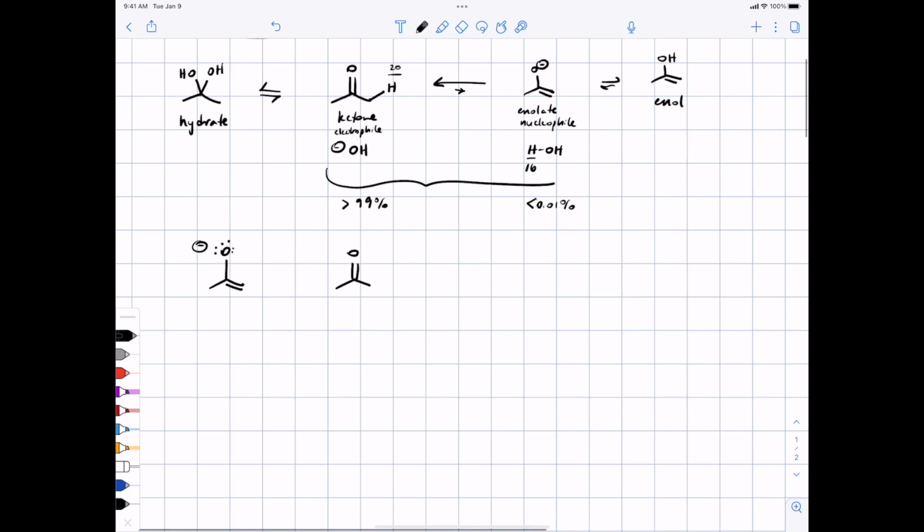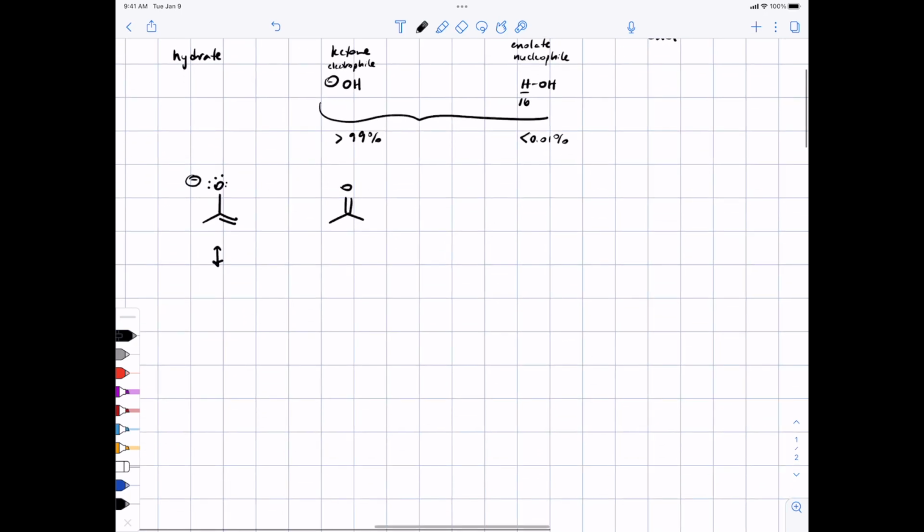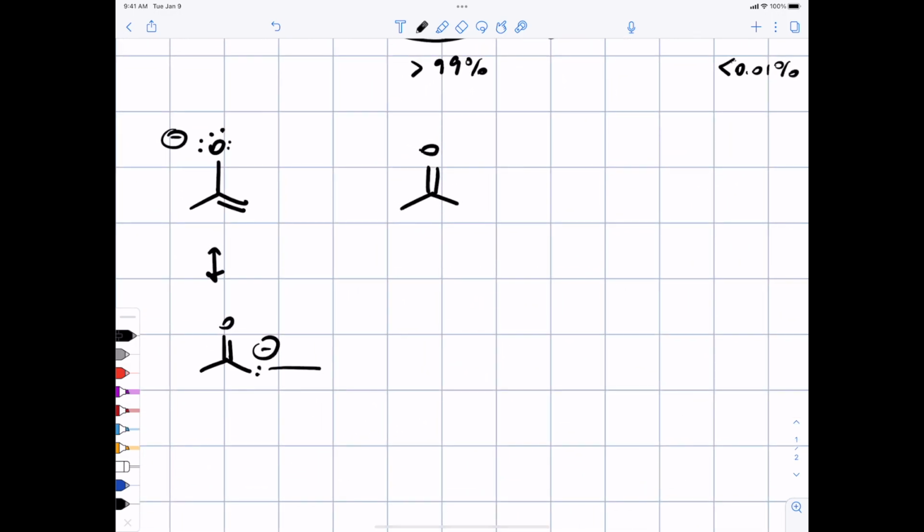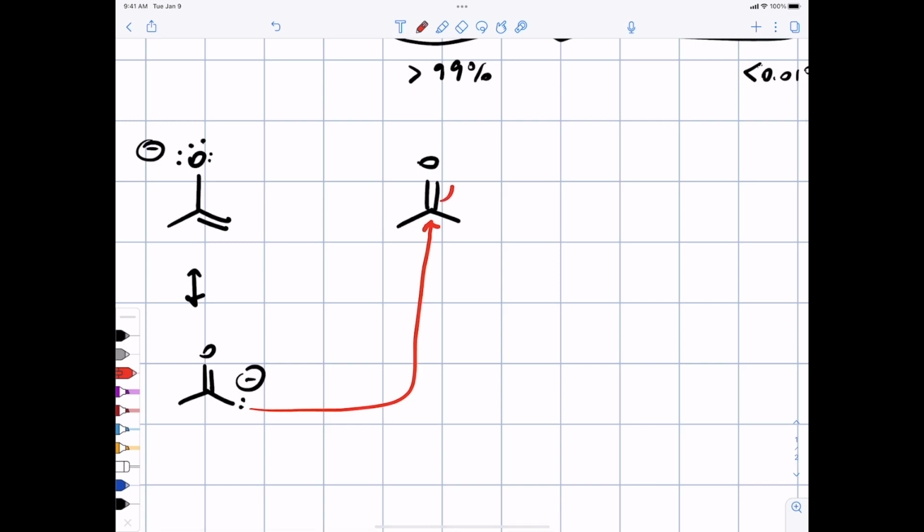You can push arrows in a number of different ways. Remember that the enolate has the following resonance structure, which puts the negative charge on the alpha carbon. You can have that alpha carbon attack the ketone directly at the carbonyl carbon to break the pi bond, as we've done previously, or you could have electrons kicked down to form a carbon-oxygen pi bond and then have the pi electrons move onto the alpha carbon and attack the carbonyl carbon.